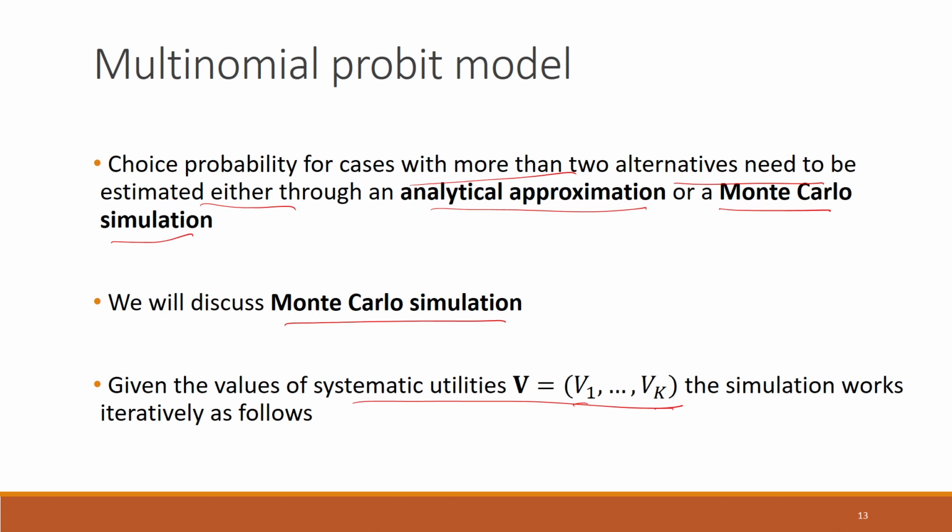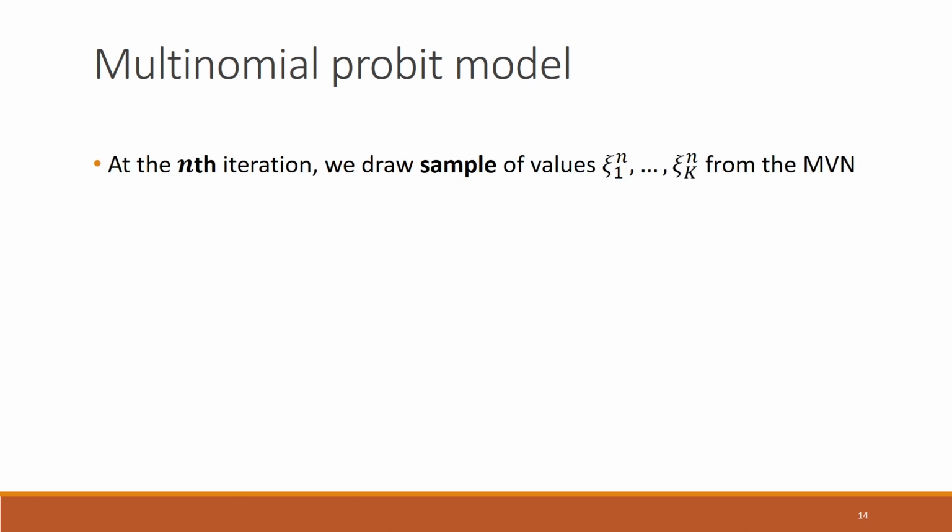Given that we have the exact values of the systematic utilities and knowledge of the distribution of the error terms, in this Monte Carlo simulation we will do a fixed number of iterations. In every iteration, suppose we are at the nth iteration, we draw a sample of the values of the error terms from this multivariate normal distribution.